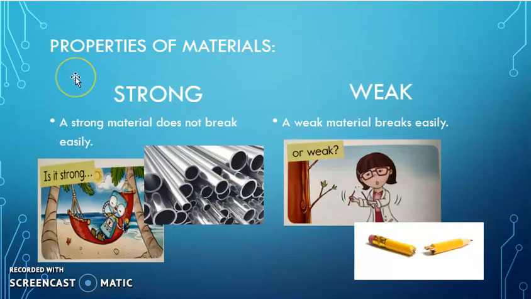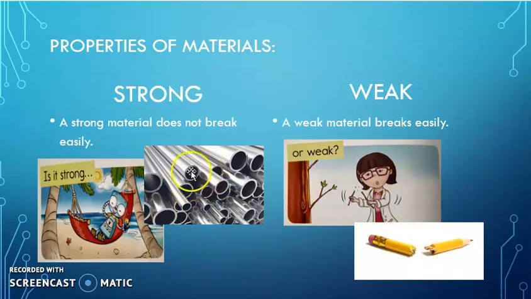Next, strong and weak materials. What does it mean? Strong materials are materials that do not break easily, while a weak material is a material that breaks easily. So look at the examples here.